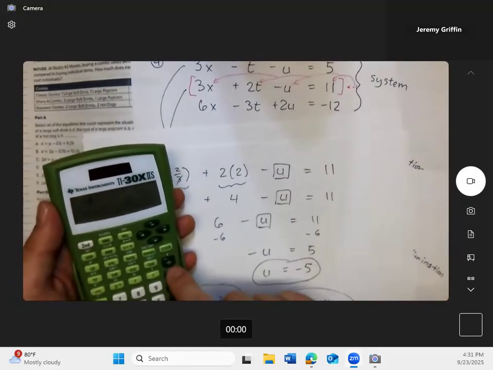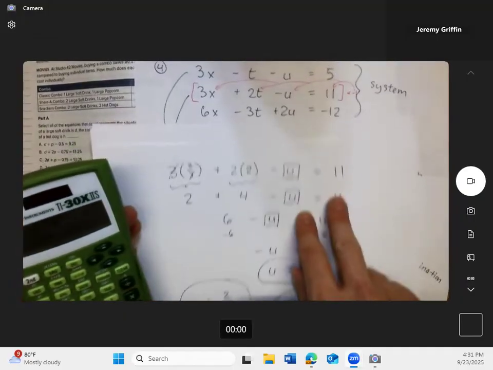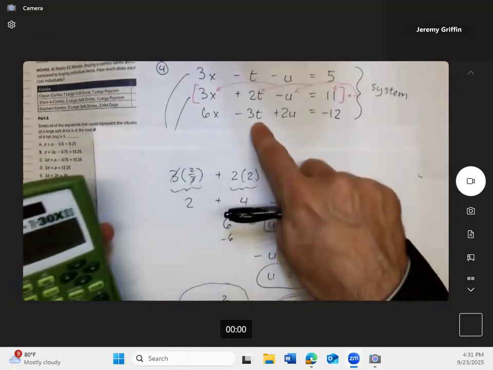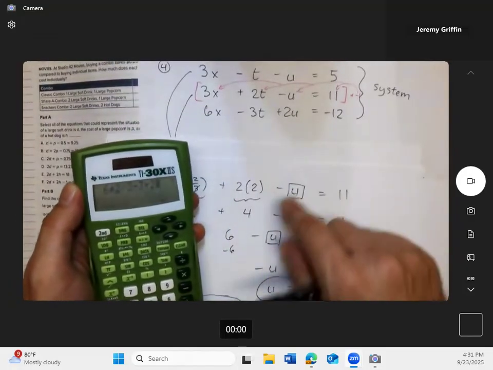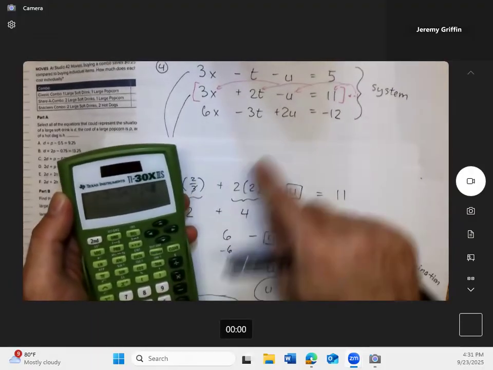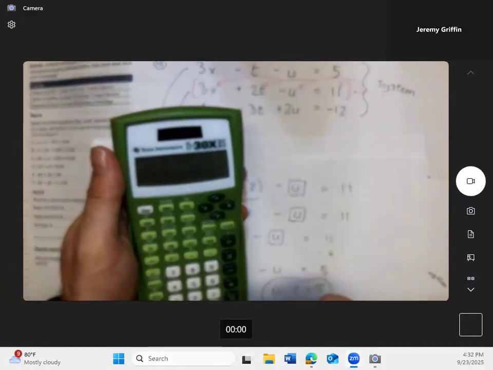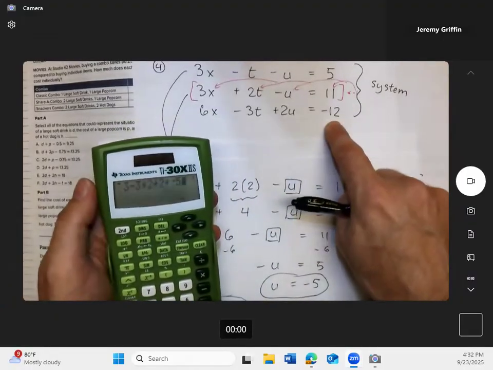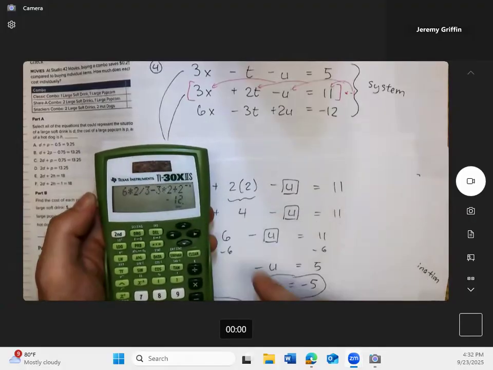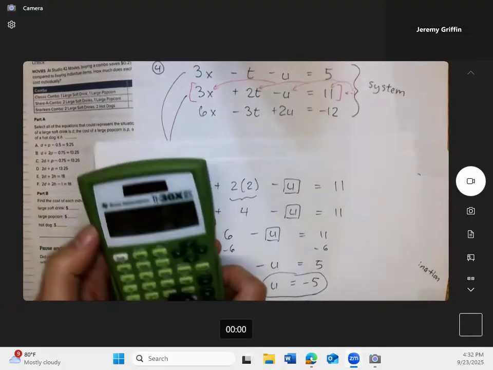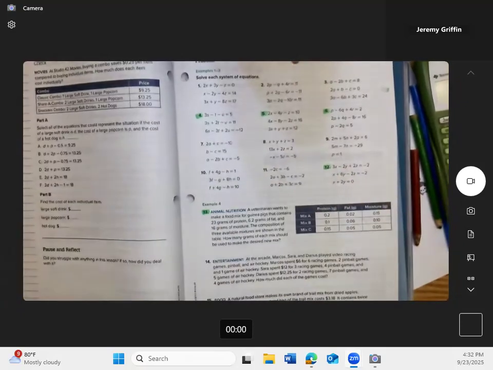So 6 times x, I call it x, 2/3, minus 3 times t, and t is 2, so put in 2, and then plus 2 times u, and u is -5. Right, this should be -12. Let's see if it is. Oh yeah, that is what winning looks like. All right, let's try the next one.